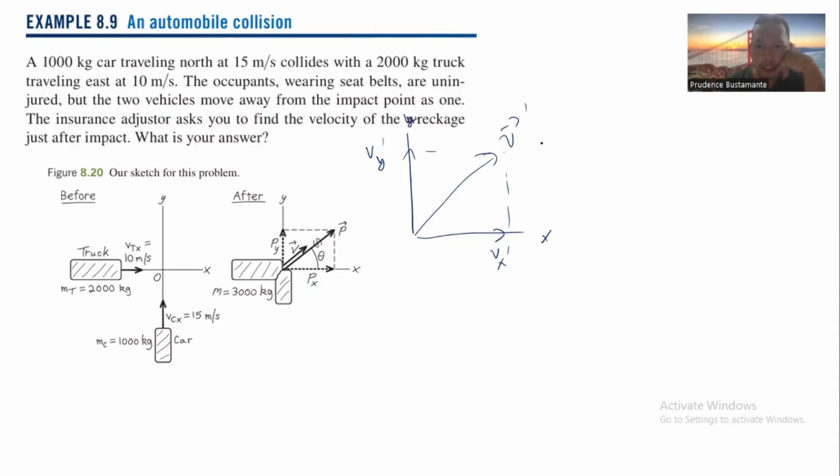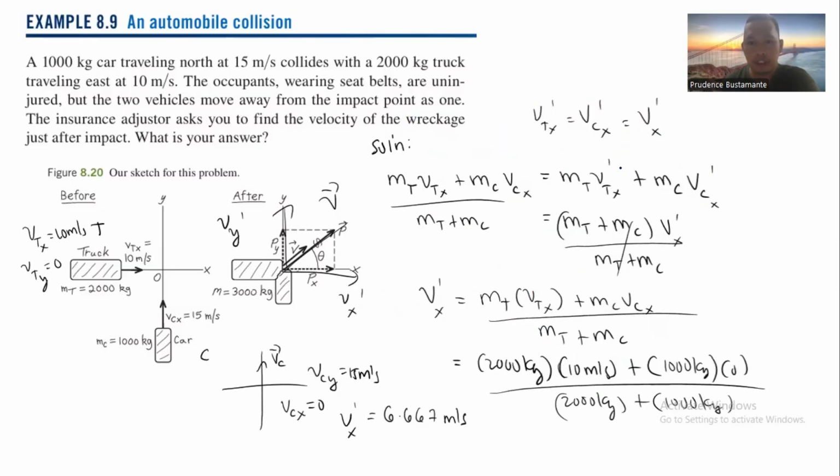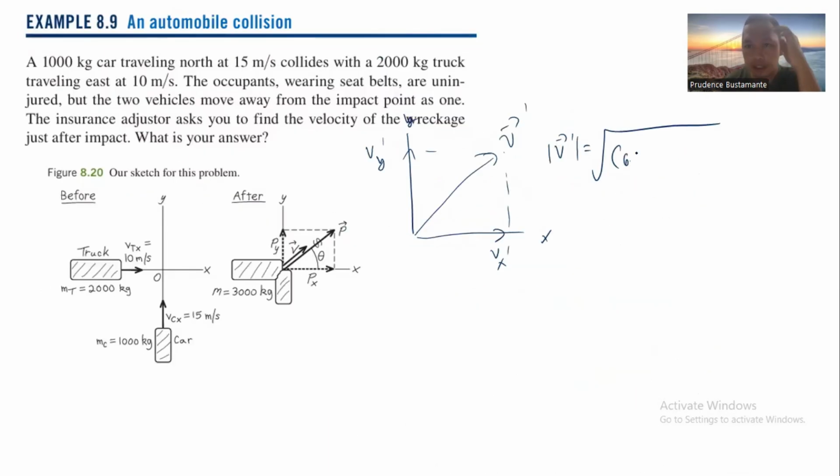Okay. So if you want to get the magnitude of our final velocity of the wreckage, we have from our equation 6.67 plus, so we have 8.33 meters per second.